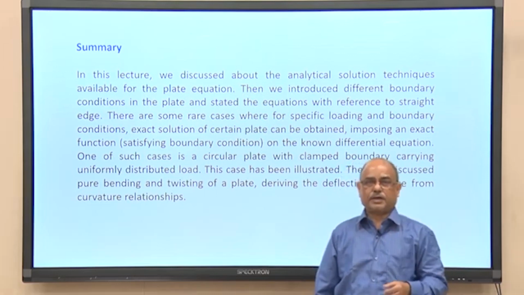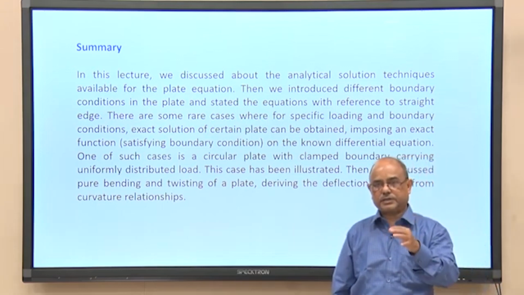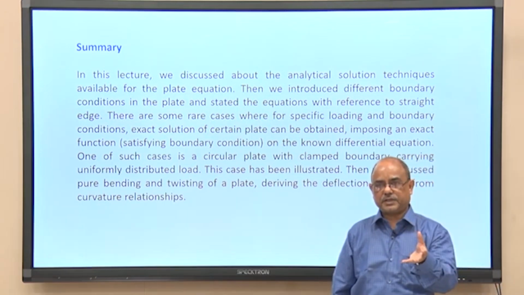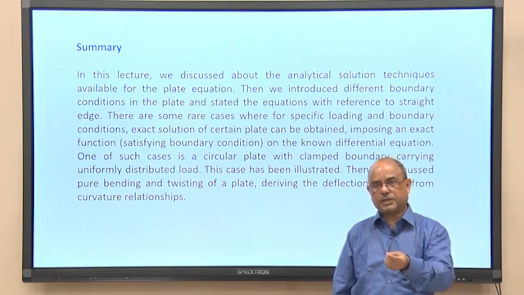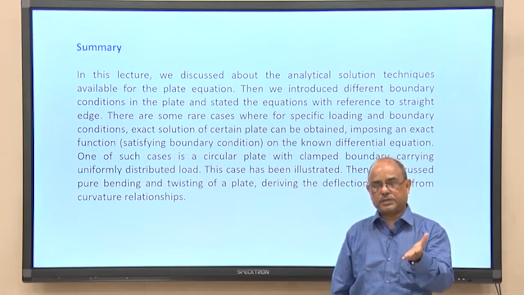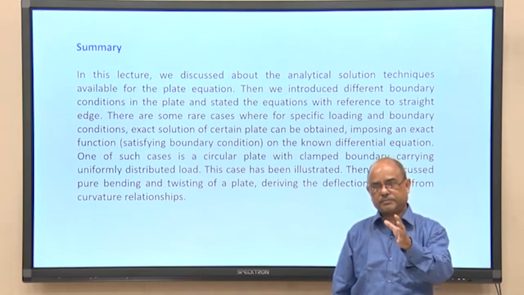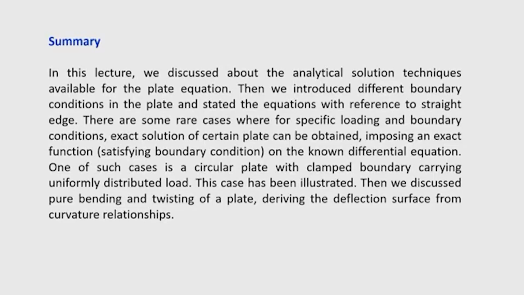So, that case I have demonstrated, okay, how to find the deflection, taking a suitable deflected surface to find the unknown constant associated with the deflection function, and from that we have seen that the maximum deflection occurs as we expected at the center, and magnitude is given in terms of the radius to the power 4, load intensity and the flexural stiffness of the plate.